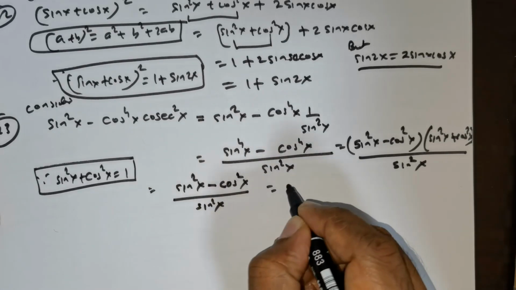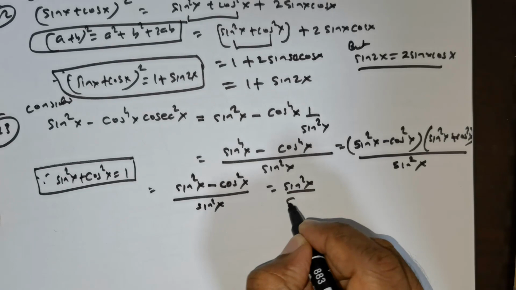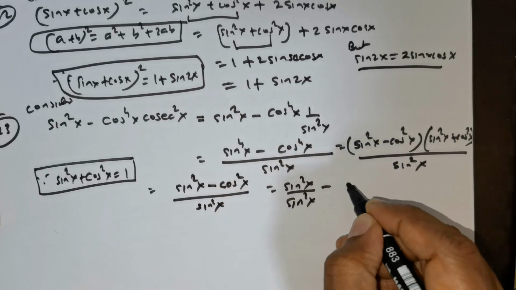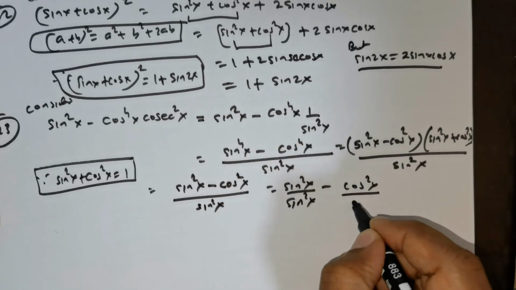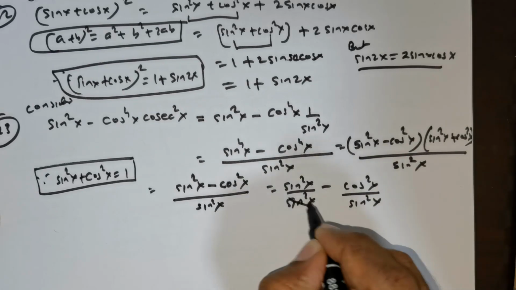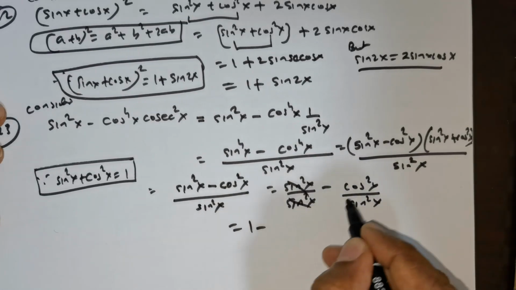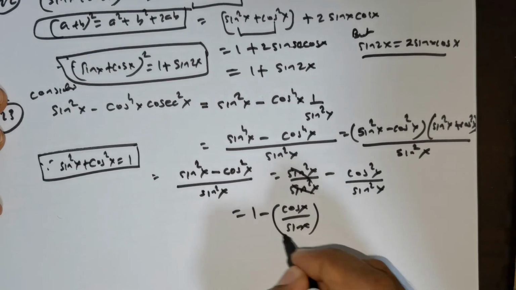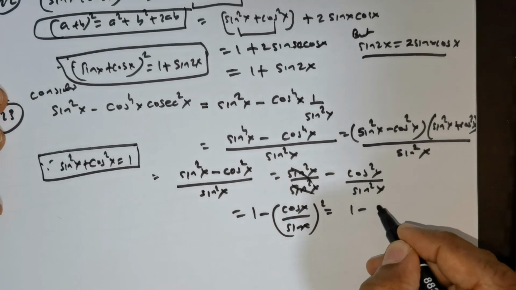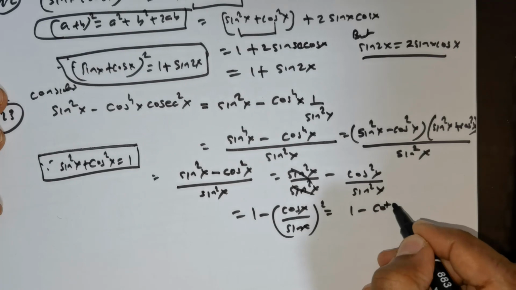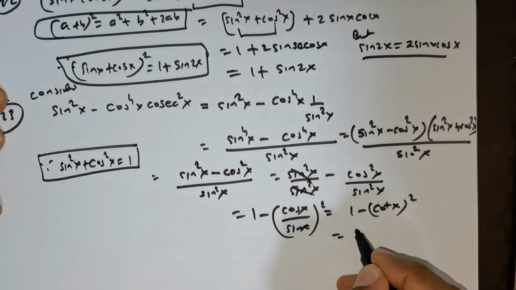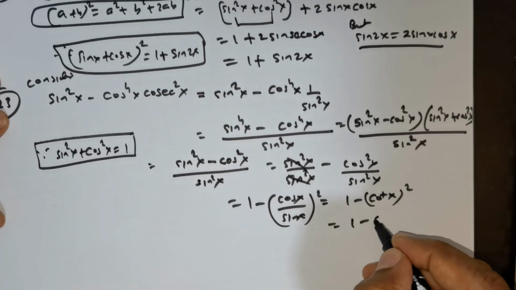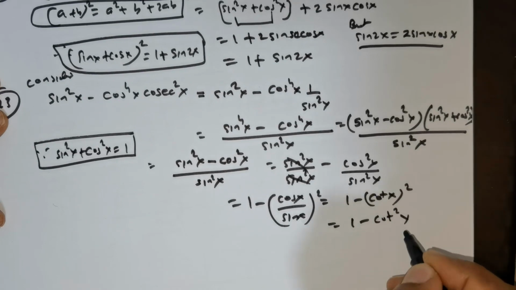Now I can rewrite this as sine squared x over sine squared x minus cos squared x over sine squared x. Sine squared x can be cancelled, giving me 1 minus, I can rewrite this as cos x over sine x raised to the power of 2, which is equal to, cos x over sine x is cot x, that has to be raised to the power of 2, which is equal to 1 minus cot squared x.